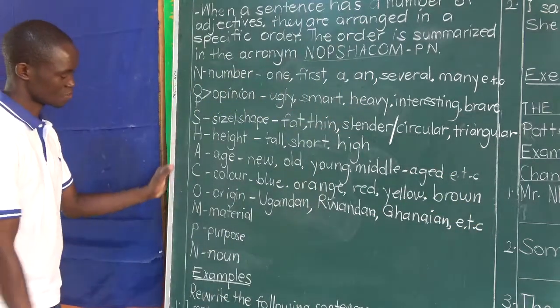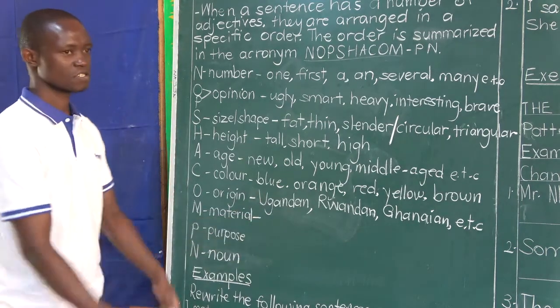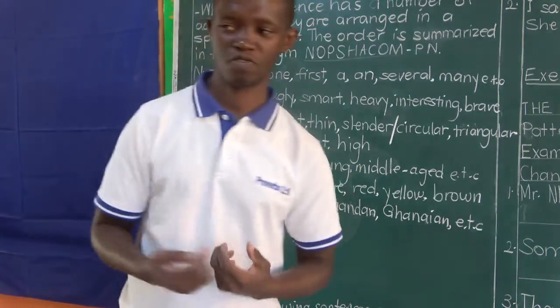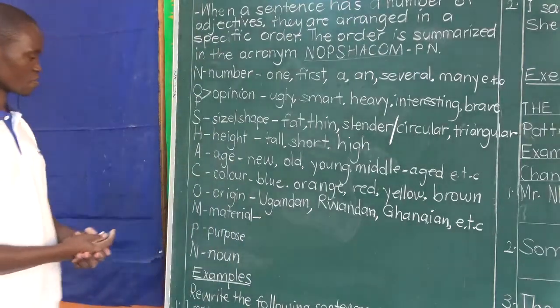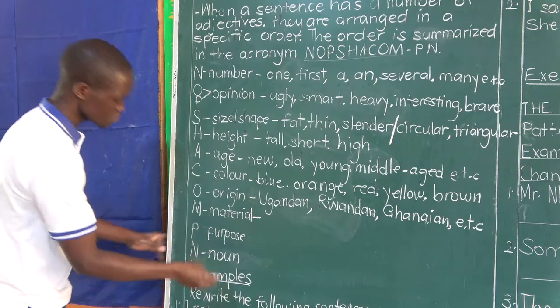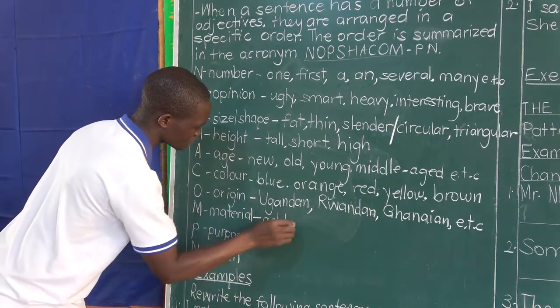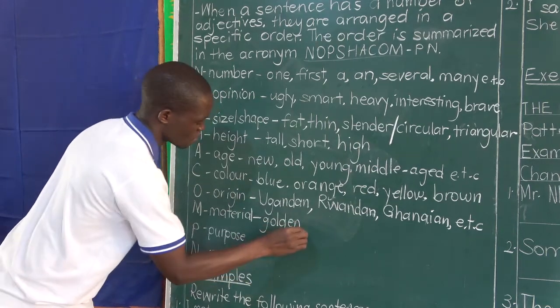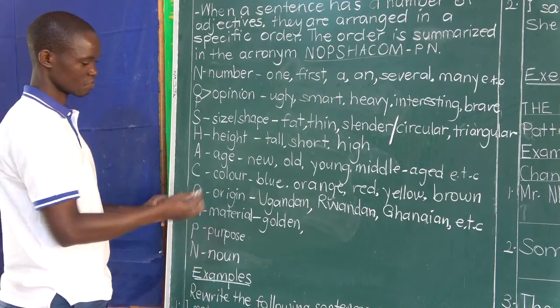Next, adjectives of material. Think of a noun, look at it, and think of the material from which it was made. That's where we get the adjective of material. If it was made out of gold, it should be either gold or golden. What else can you think of as an adjective of material?